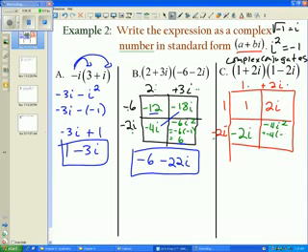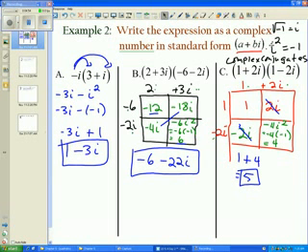Remembering that the i squared is negative 1, this gives me positive 4. 2i and negative 2i cancel, leaving 1 plus 4, which is 5. Just the real part, a real number. Complex conjugates will always give me real numbers.